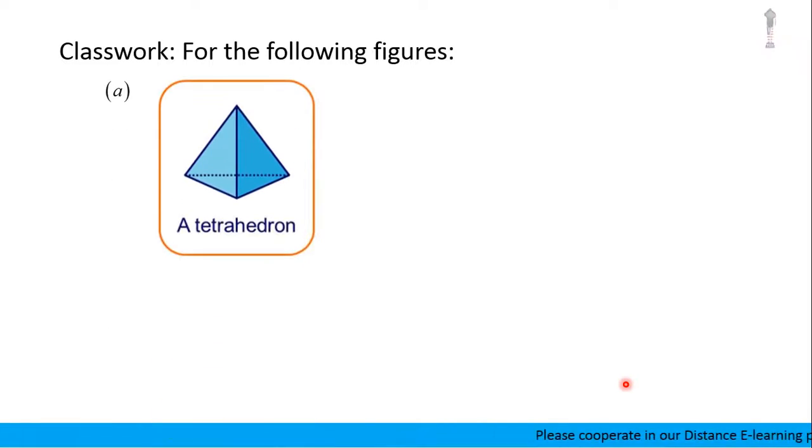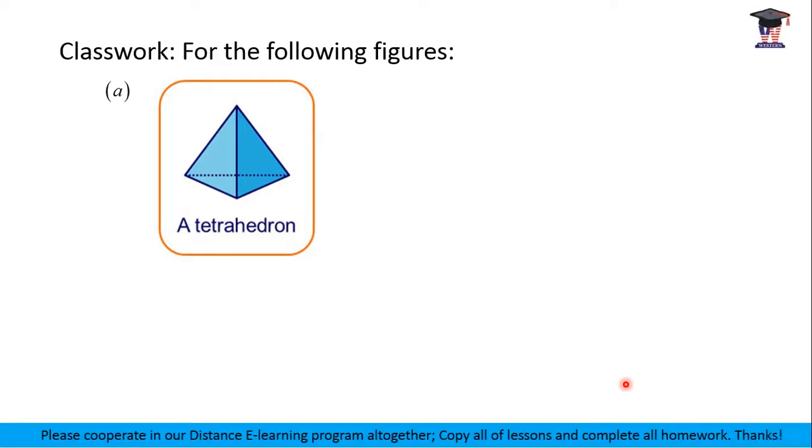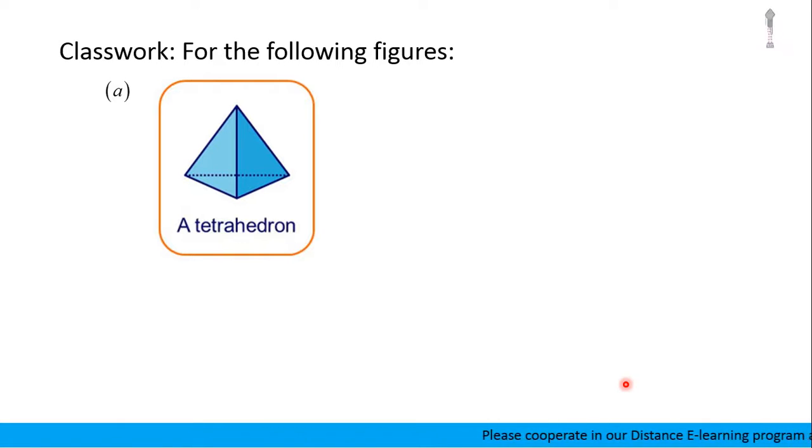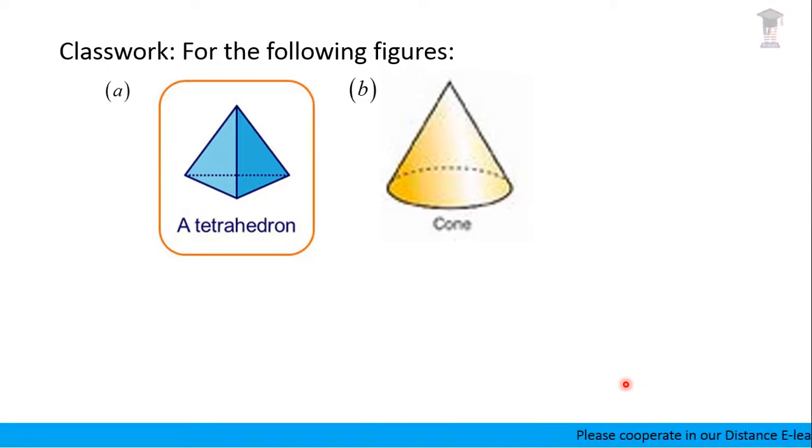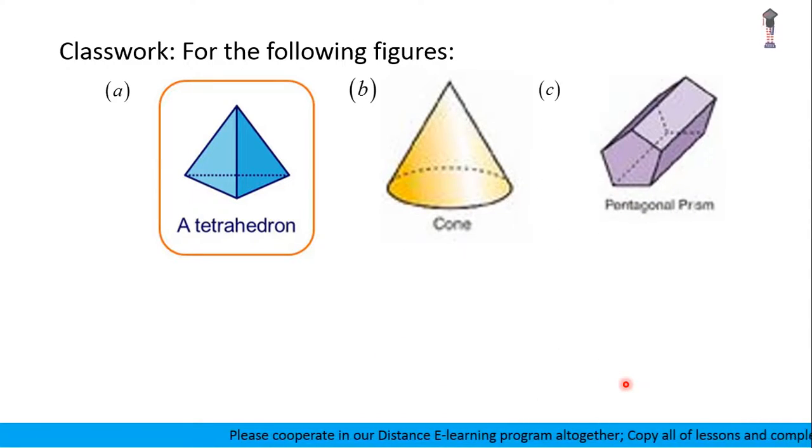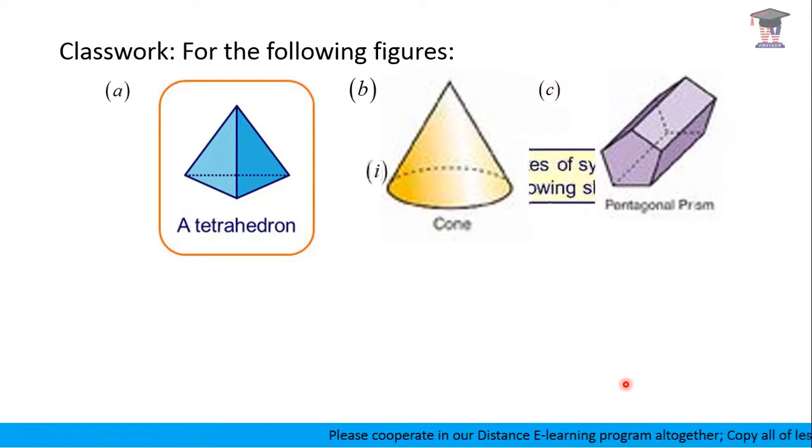Okay, it's time for you to do some exercises. For the following figures: A, a tetrahedron, which is a triangular pyramid with 4 faces; B, a cone; and C, a pentagonal prism. 1.